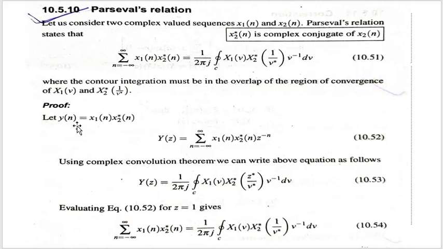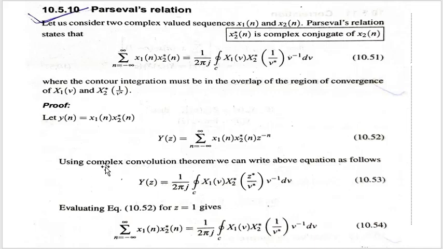From the complex conjugate relation we can write this. If you apply the Z transform, that would be Y of z equal to the summation n equal to minus infinity to infinity of the complete x of n term, and z power minus n.